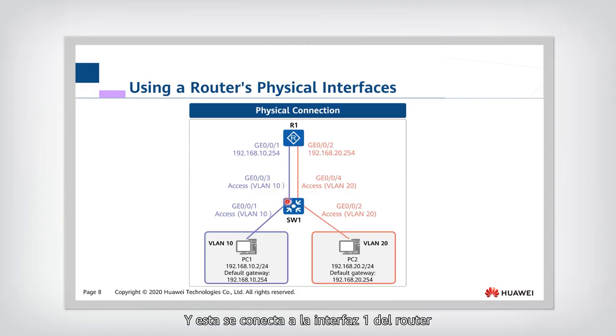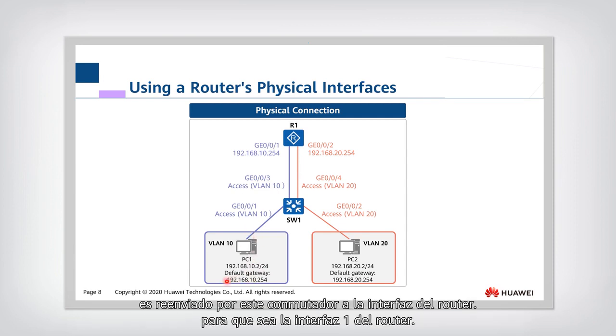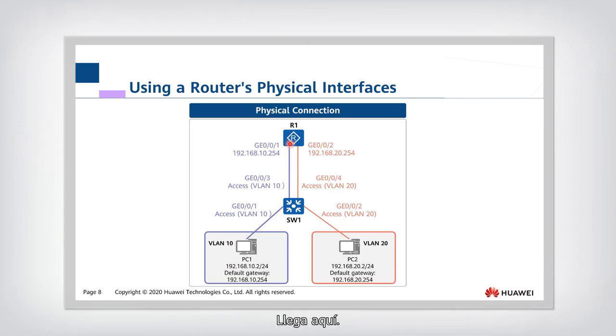And this is connected to interface 1 of the router. By configuring the default gateway of PC1 to be interface 1 of the router, the packets from PC1 will by default be forwarded by this switch to the interface of the router. So it has arrived here.